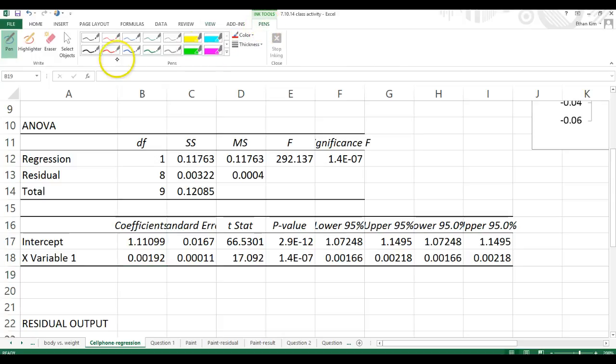Our final equation, y hat, this is y prediction, is equal to 1.11099 plus 0.00192 x with the hat. Okay, so this is the B0 and this is the B1. Alright, so that's taken care of.